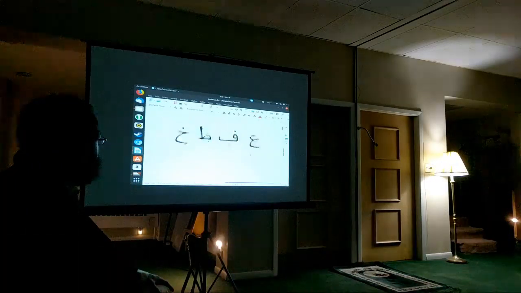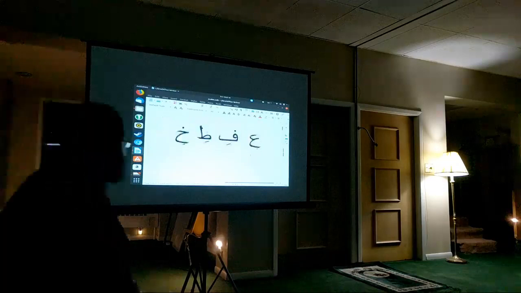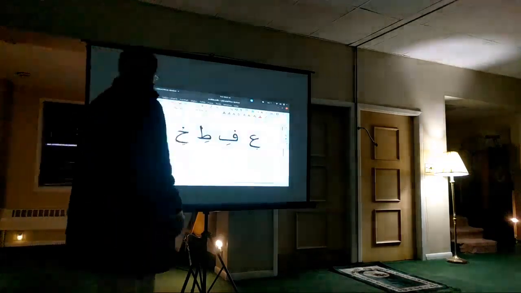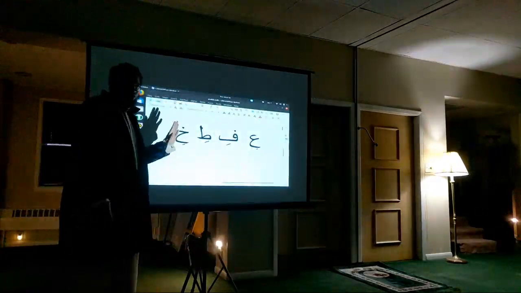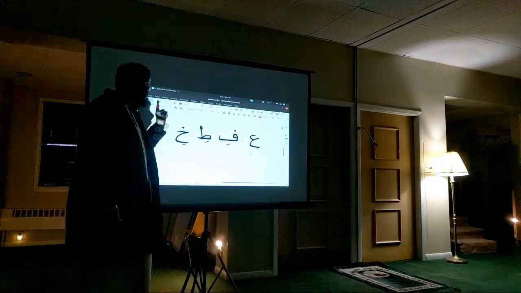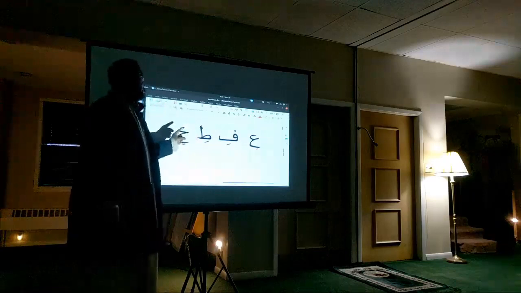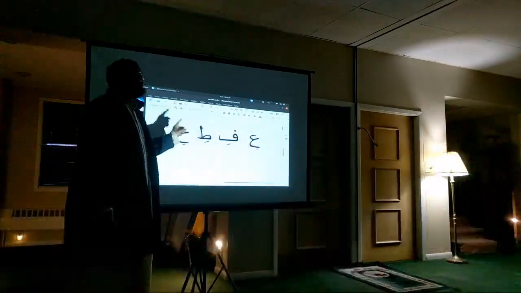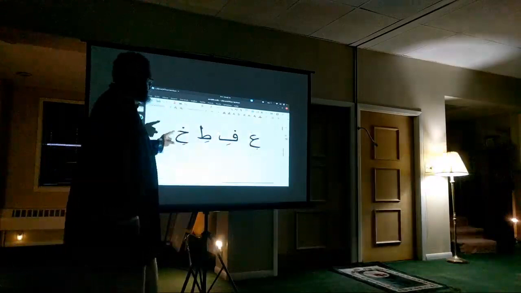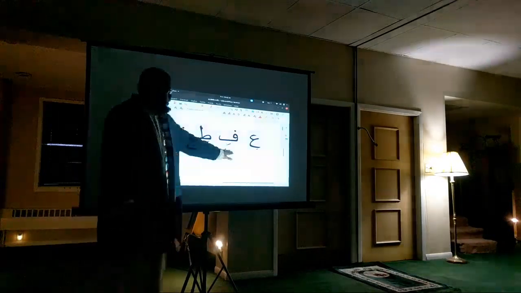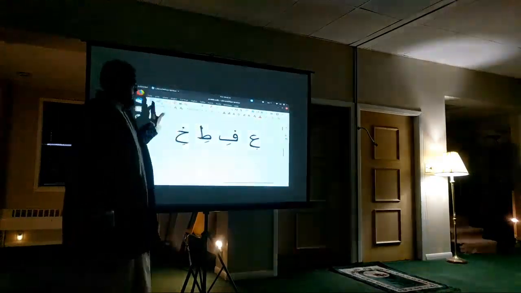Then we'll talk about the vowel sound that we're studying right now, the one that's usually written underneath a letter. That vowel sound is called the what? Kasra. That's right. We're studying the kasra.